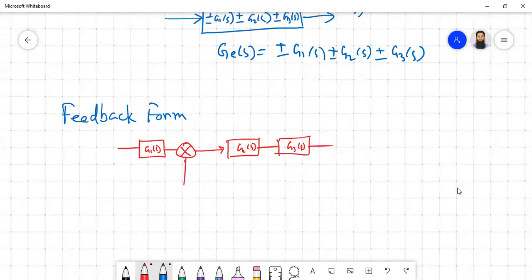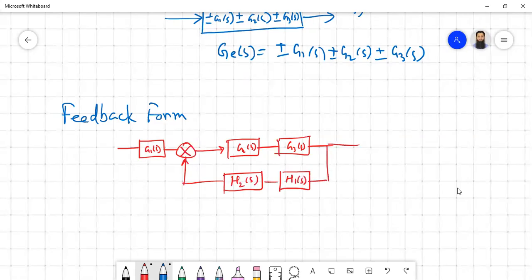In the feedback path, we call it H. So say H2S, and then you have H1S. So this is your CS. Now this is your RS input in a more generalized version.